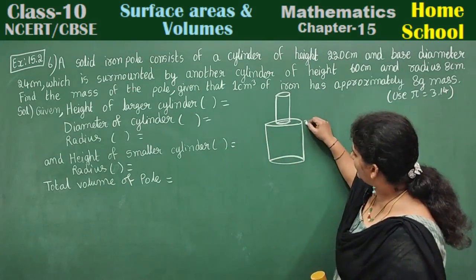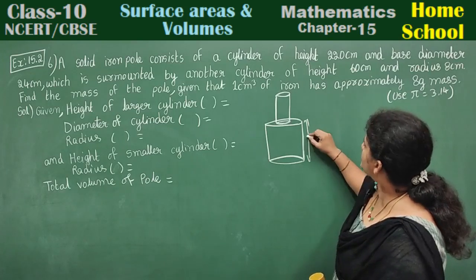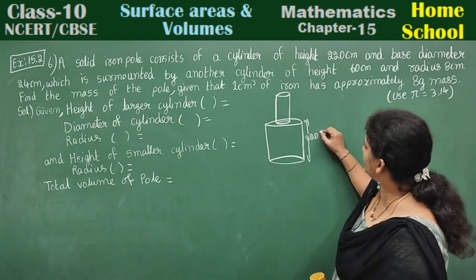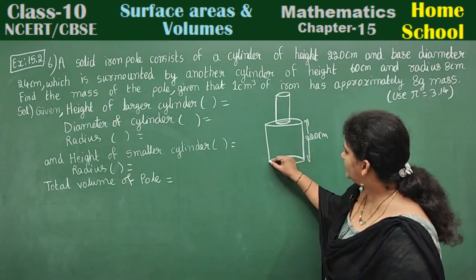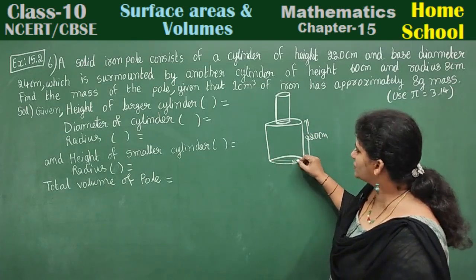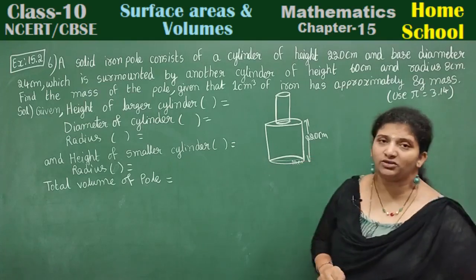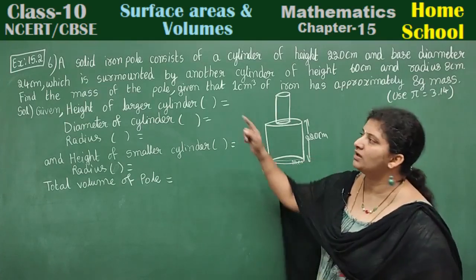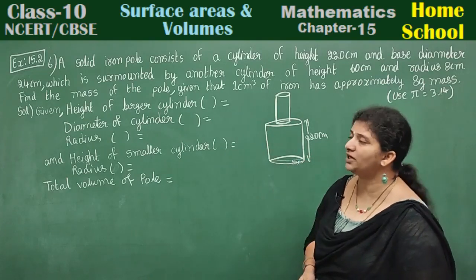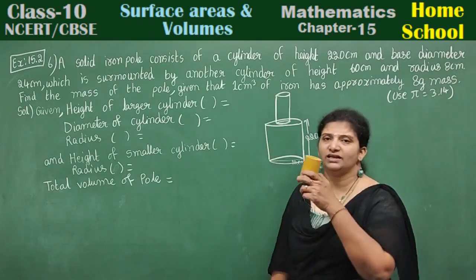What is this height? This is 220 centimeters. And base of diameter is diameter 24 centimeters. Then what about the radius? 24 half is 12 centimeter, which is surmounted by another cylinder.